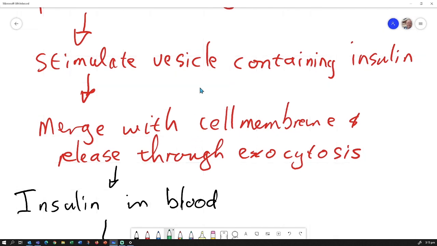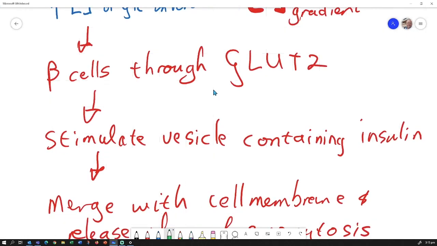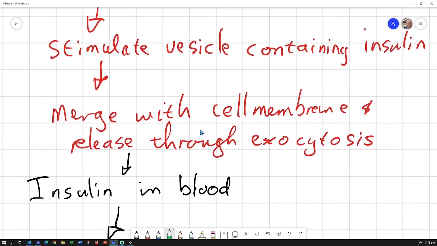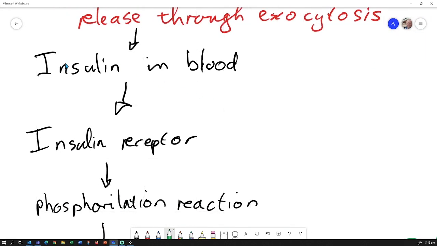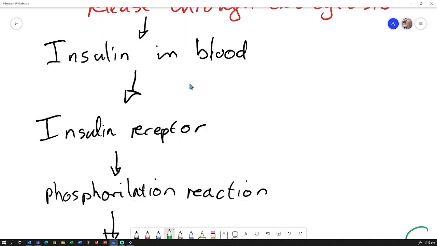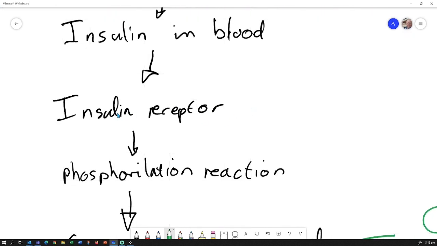Okay, so that is the first part, how an increased blood glucose level is detected by your beta cells in the pancreas. Then the insulin is in the blood. Now, your insulin concentration obviously in the blood has gone up, but the blood glucose concentration is still elevated. So the insulin flows around the body, and now it is looking for an insulin receptor.